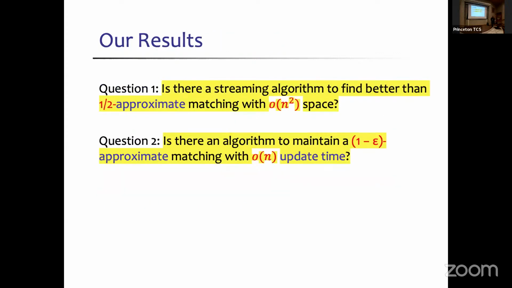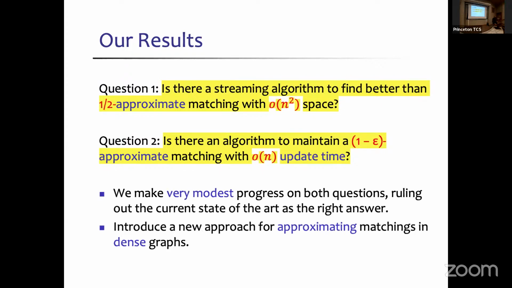So the starting point for the work that I'm going to describe is indeed these two questions. Our main results are that we make very modest progress on both these questions, ruling out that the current state of the art in terms of upper bounds is the right answer for these problems.